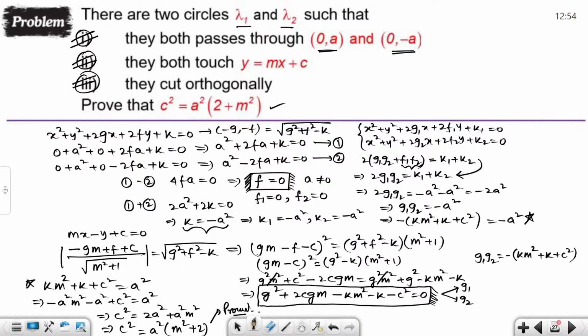You will definitely understand, because right now you have done the orthogonality of two circles. Maybe there will be a little bit of problem, but there will be no problem if you revisit this video and play this part of the question. I am 100% sure you will be absolutely clear. Okay, so let's move to the next problem.